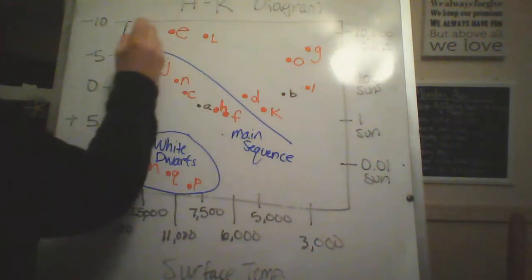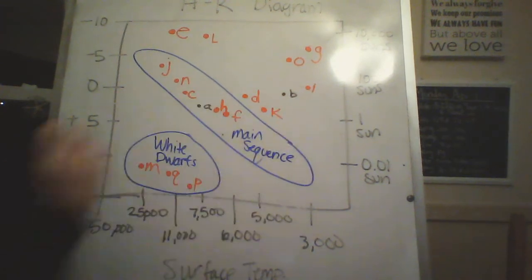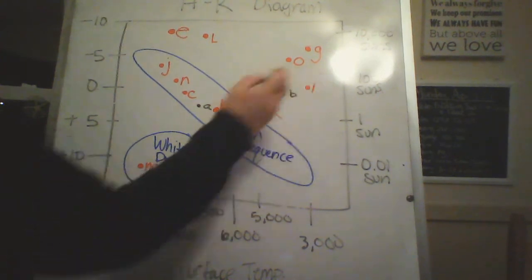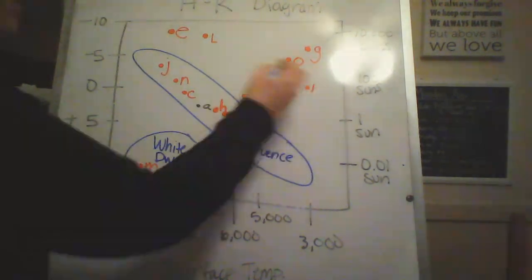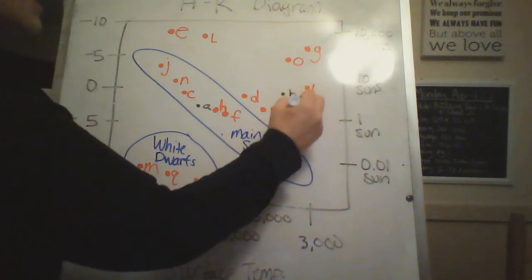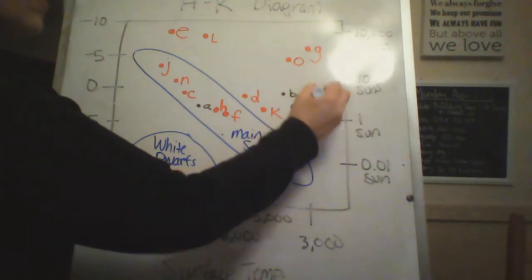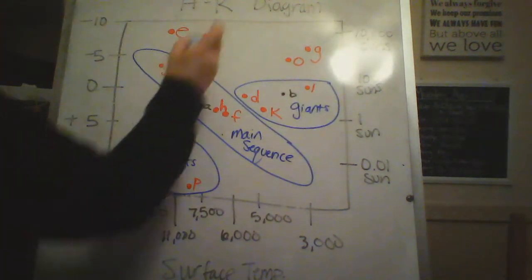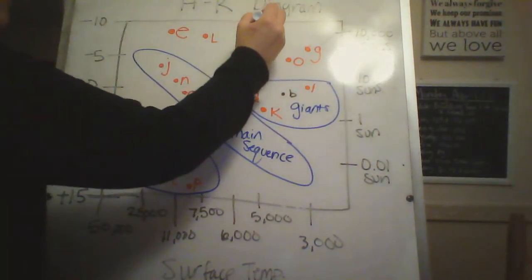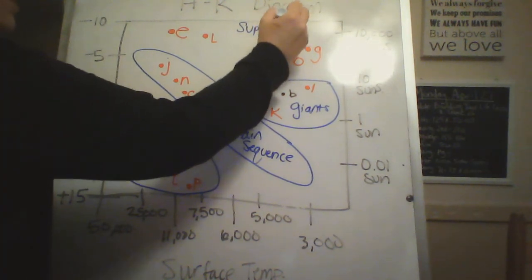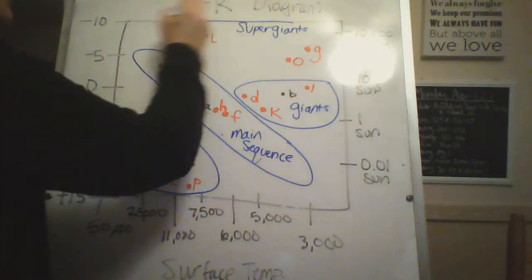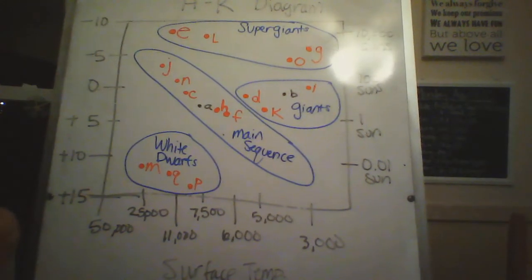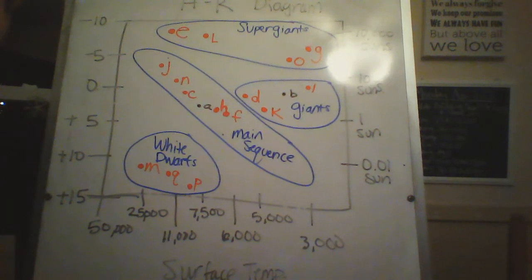And we're going to circle this diagonal group of stars. Main sequence. Over here, this grouping of 4 are our giants. So we can circle our giants. And then the rest of these at the top are the supergiants. So go ahead and label your sections.